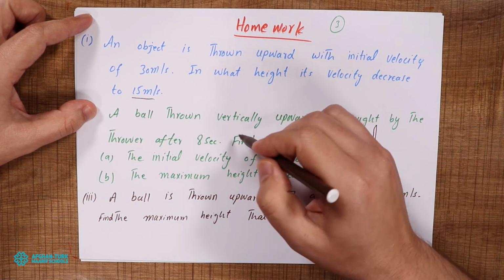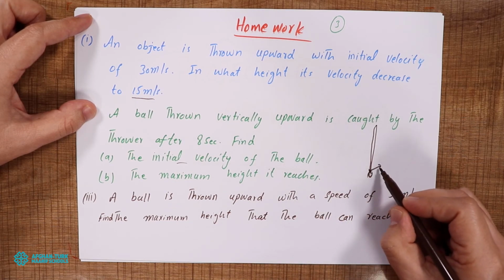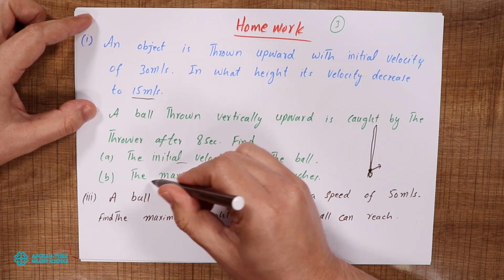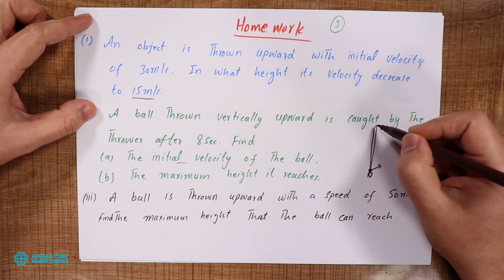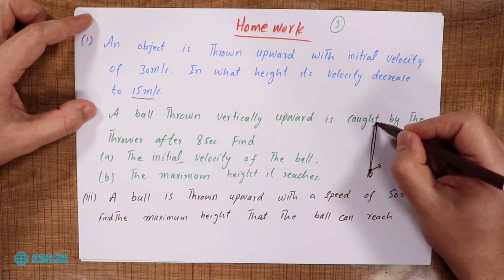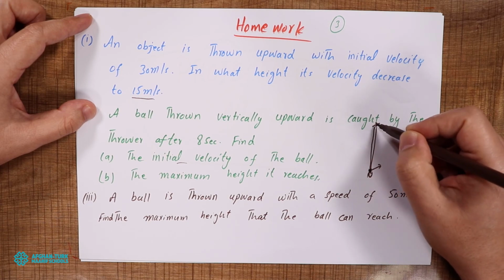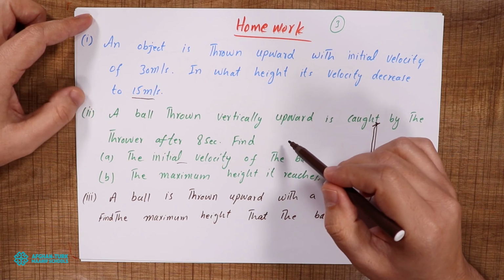So what they want: find the initial velocity of the ball. The next one, find the maximum height it reached, meaning how much vertical distance is covered by this ball. This is the second part of the second question.